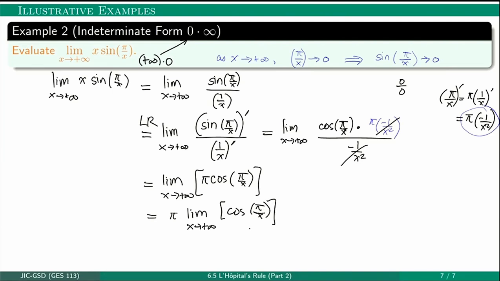And take note again, as x goes to positive infinity, pi over x goes to 0. And that means cosine of pi over x will go to 1. So this limit will just go to 1. So 1 multiplied by pi will just be pi. That's our final answer.